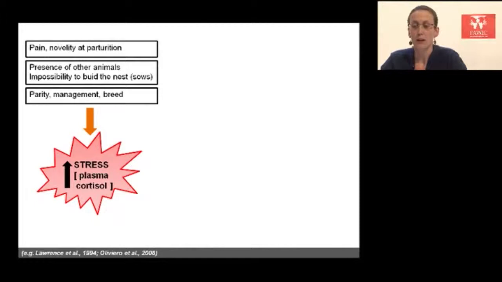And by now, the increase of stress is an animal welfare concern, but also a productive concern, because the increase of stress through endogenous opioids produces the inhibition of oxytocin release.